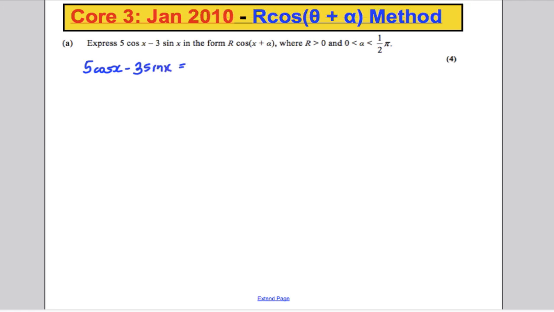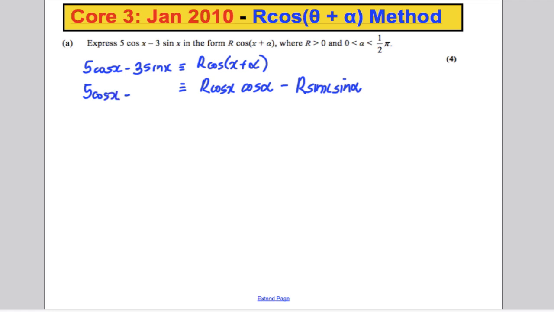We are trying to write that in the form R cos(x plus alpha), and then you expand this out and you would get R cos x cos alpha subtract R sine x sine alpha. These addition formulae are given in the formula booklet. That was 5 cos x subtract 3 sine x.